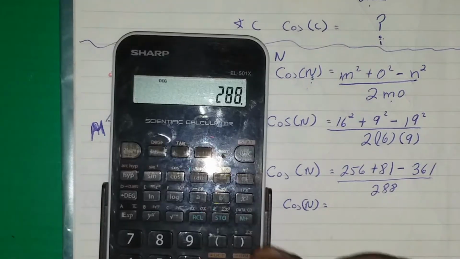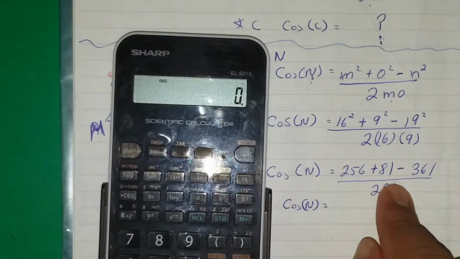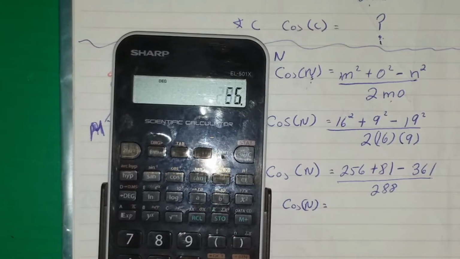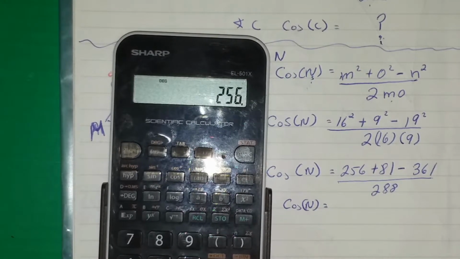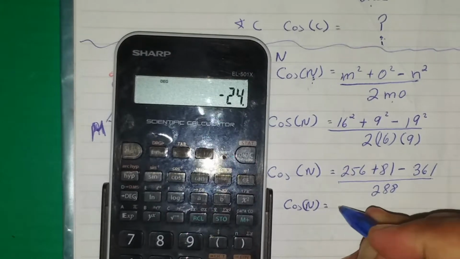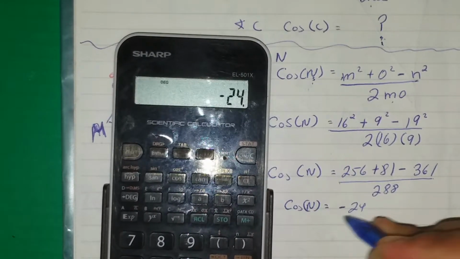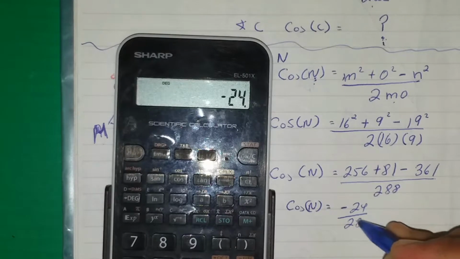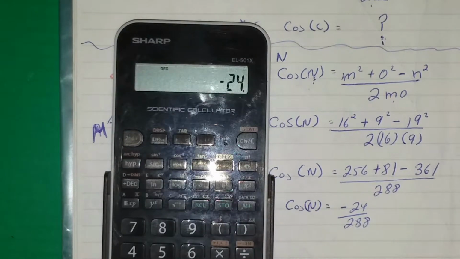equals, and then we solve everything now. So that's going to be 256 plus 81 minus 361. That's going to be negative 24 over 288.